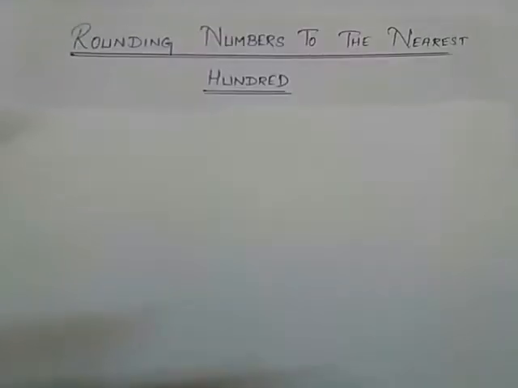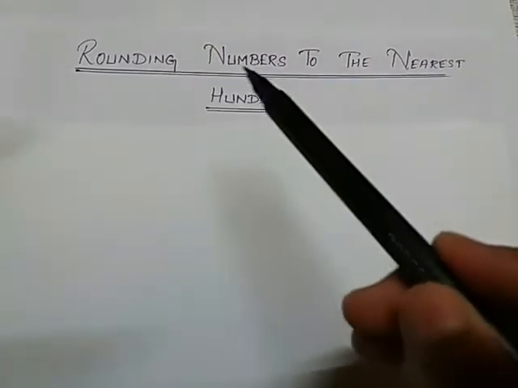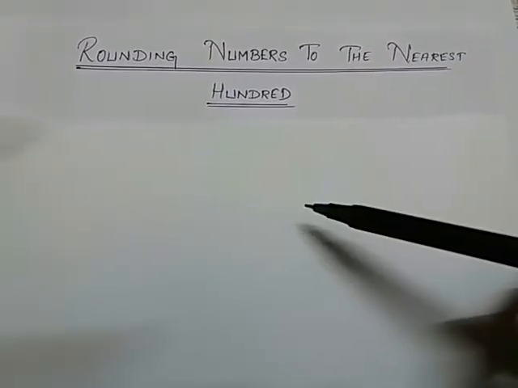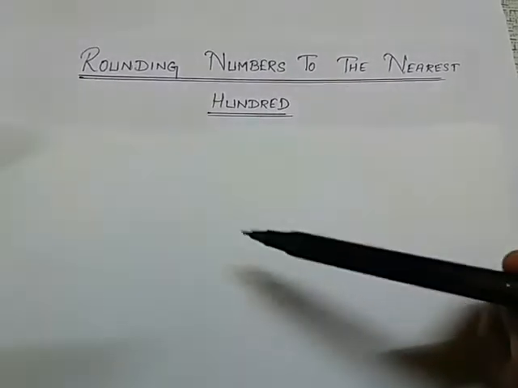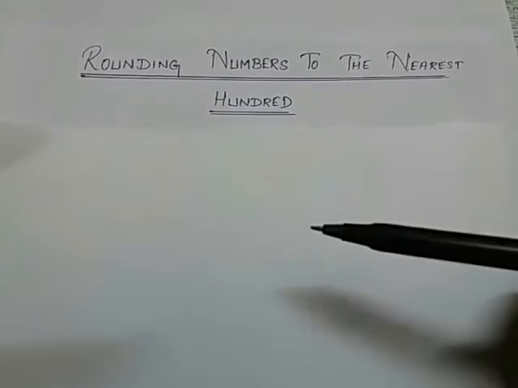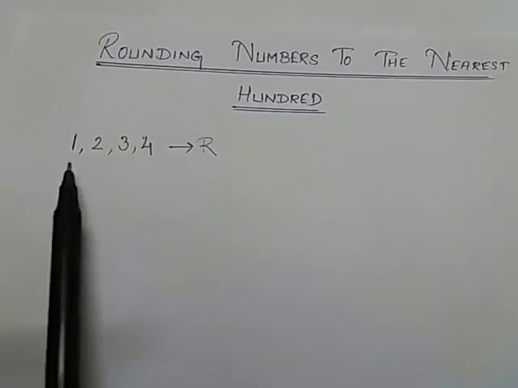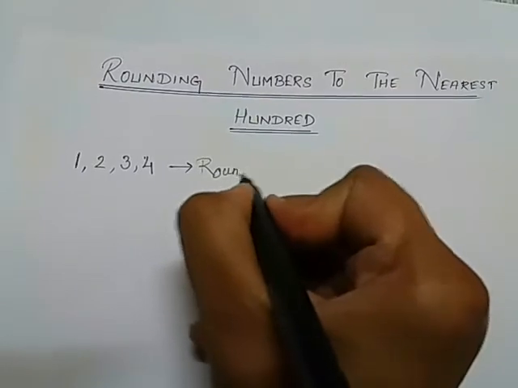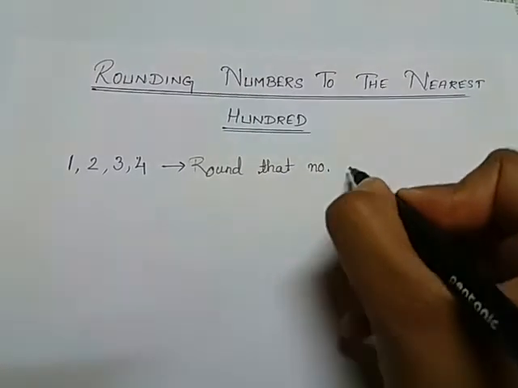Good morning, students. Let us begin with another topic, that is rounding numbers to the nearest hundred. Before we begin, let us recapitulate our two rules that we have studied under rounding numbers. The digit that we want to round, if it is followed by the digits 1, 2, 3, 4, then we round that number down.